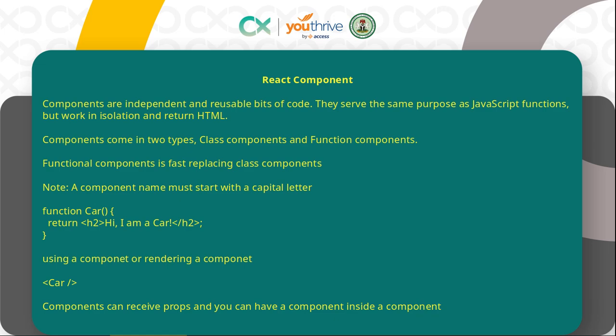Now this is an example of a function here. I believe you are familiar with this. This is a function keyword, car, but because it's a React component, it must start with what? A capital letter. Then the function returns HTML. So how do you use this component? Well, if it was in vanilla JavaScript, we would just call car and invoke it like this. But that is not how we do it in React.